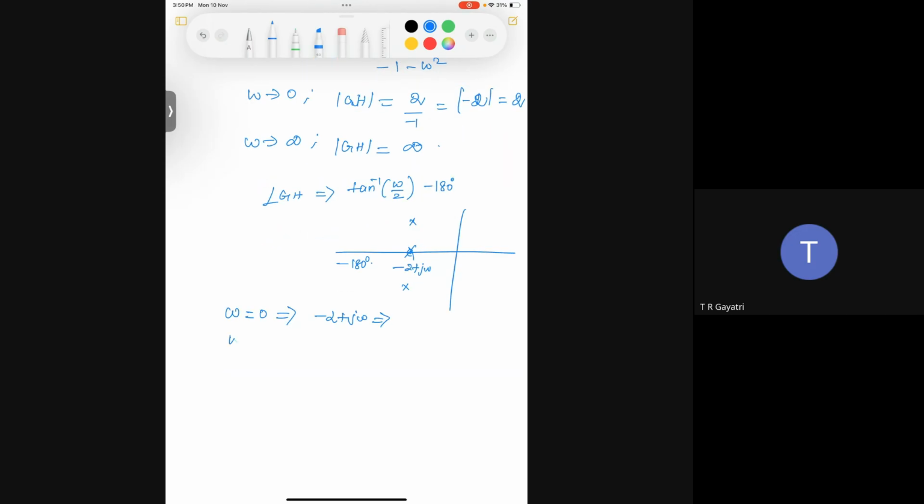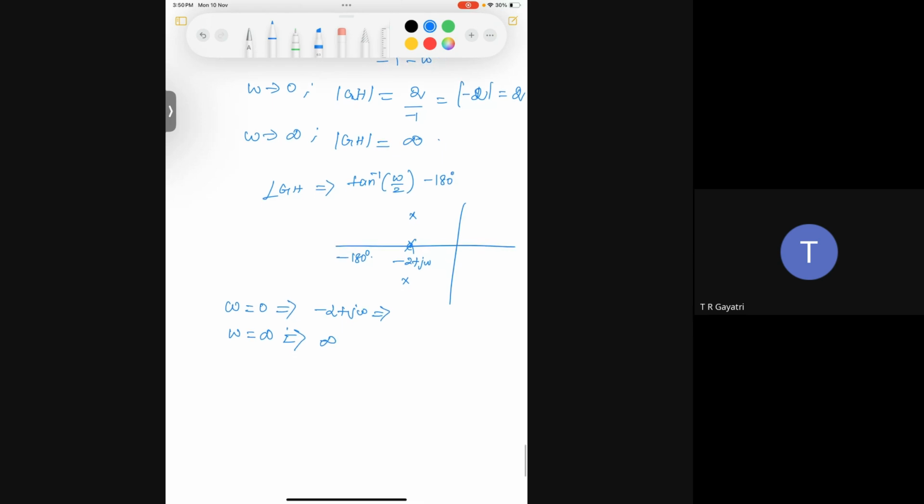So it will be negative real axis, it will be minus 180 degree. So when compared omega equal to infinity, this will be infinity. So this will go to the value that is infinite. If this is 180, this would be minus 90 degree.